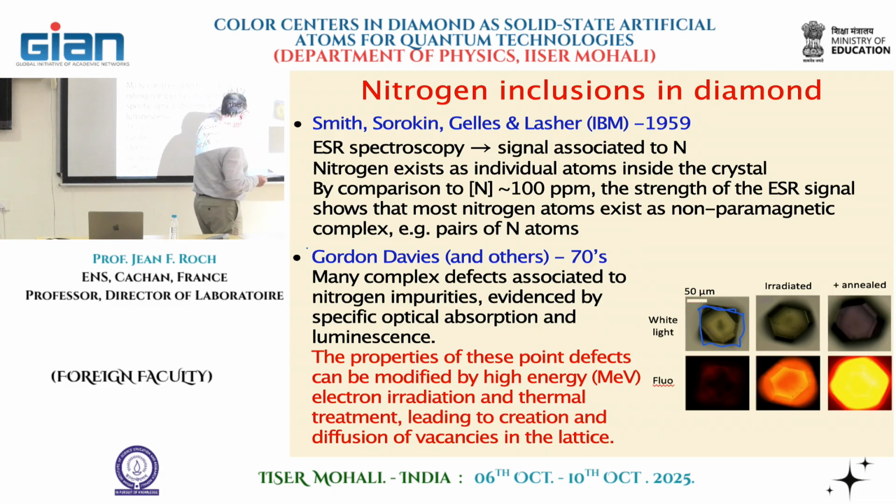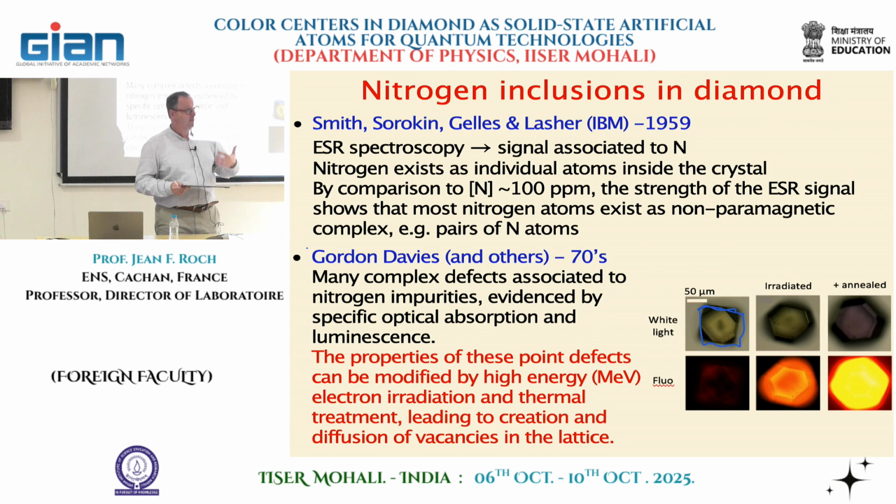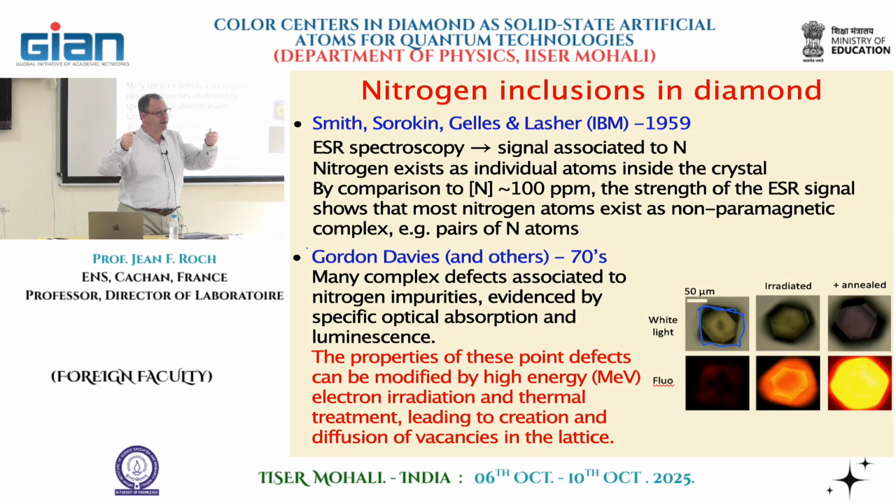You start with samples that have a lot of nitrogen. That's why they have this yellow color at the beginning. The irradiation will create vacancies. Those vacancies become predominant. That sets the green color to the bare eye. But this is not yet the NV centers. The vacancies and nitrogen impurities are not bonded together.